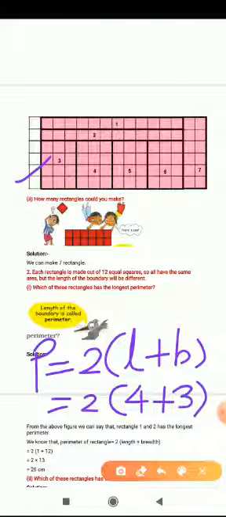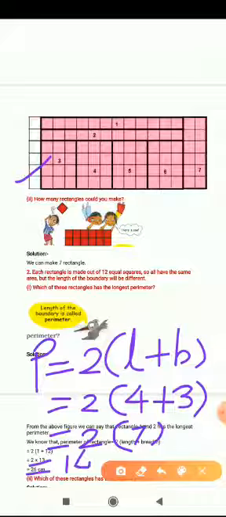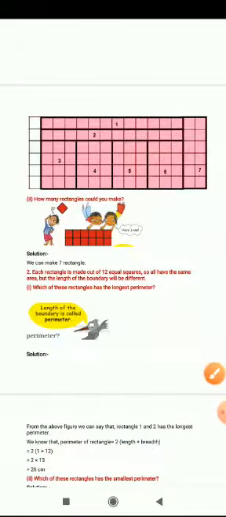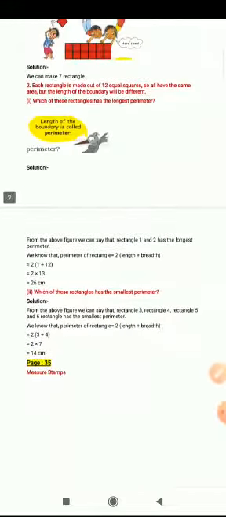So I am writing over here 3. 4 plus 3 is 7. Now 7 twos are 14. So your answer is 14 centimeter. Don't forget to write the unit. Let's move ahead. So the smallest perimeter is 14 centimeter and the largest perimeter is 26 centimeter.